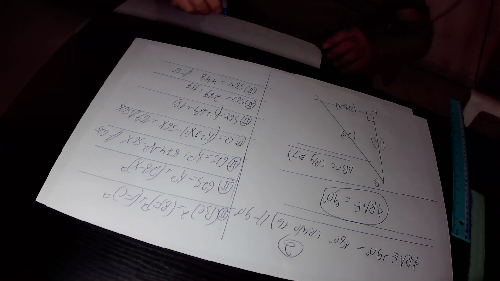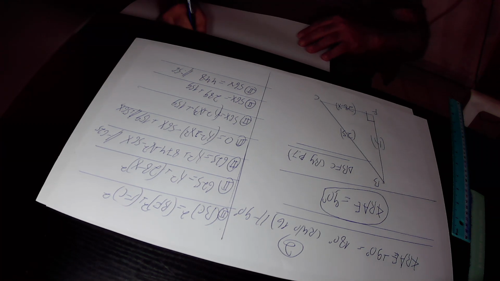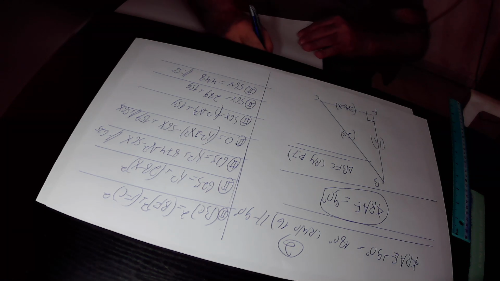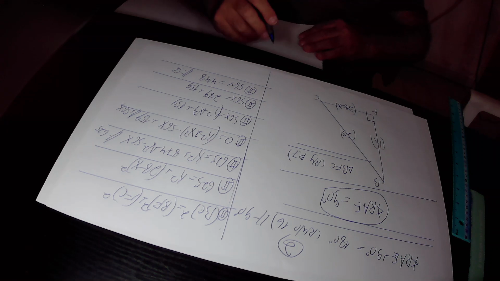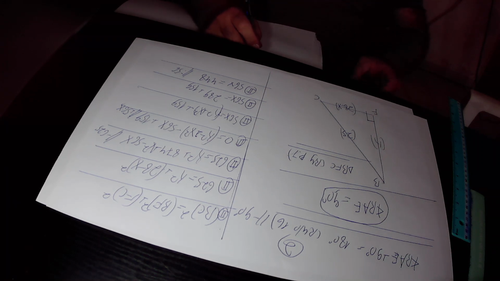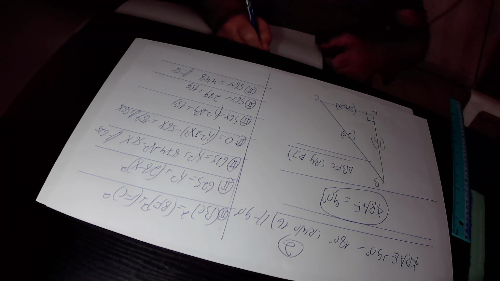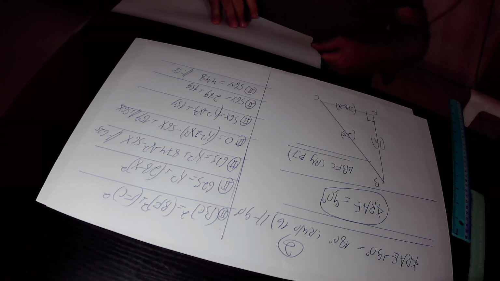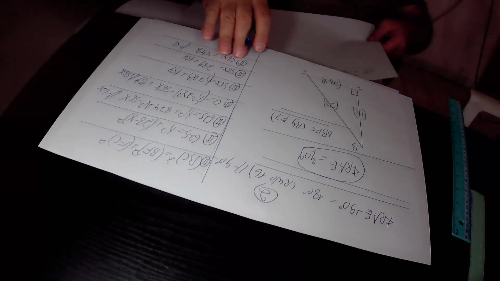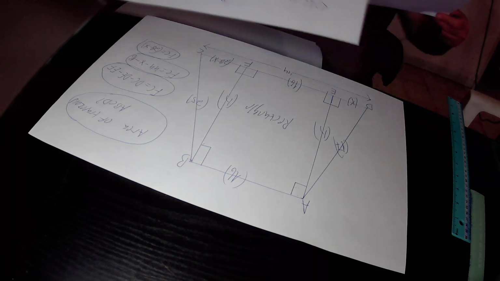We get that x equals 448 over 56, and 448 over 56 equals 8. So x equals 8 units. We found out that x equals 8 units.